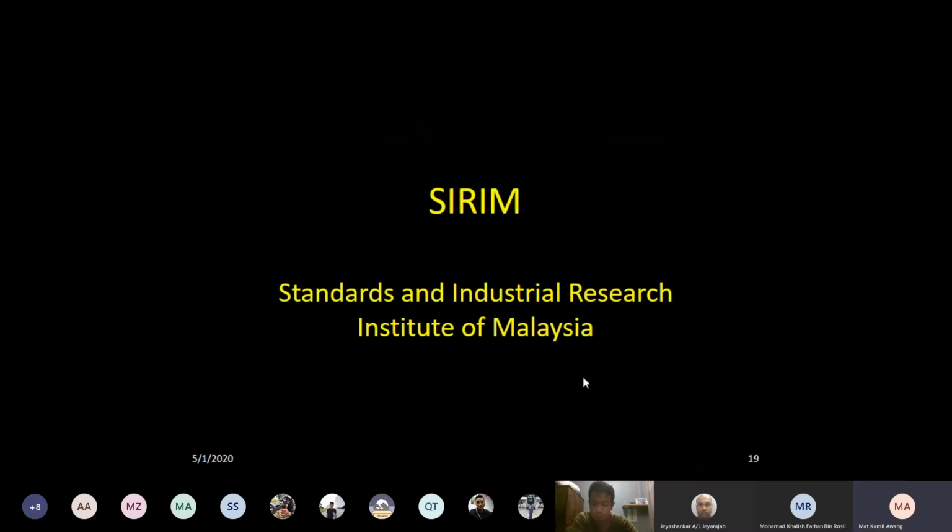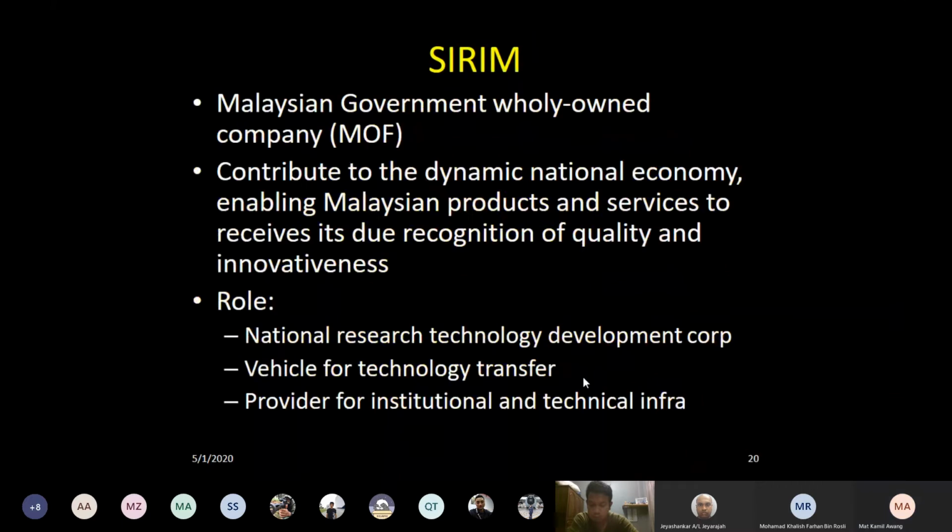Now we go into a body which is related to standards and industry in Malaysia. One is SIRIM. It's a government wholly owned company. It contributes to the dynamic national economy, enabling Malaysian products and services to receive due recognition of quality and innovativeness.